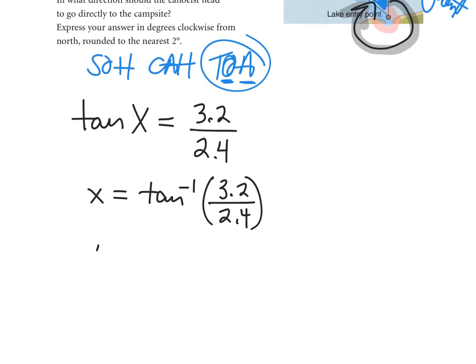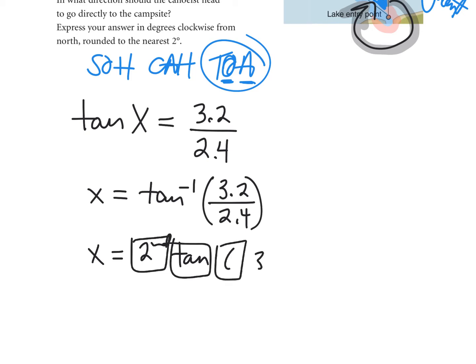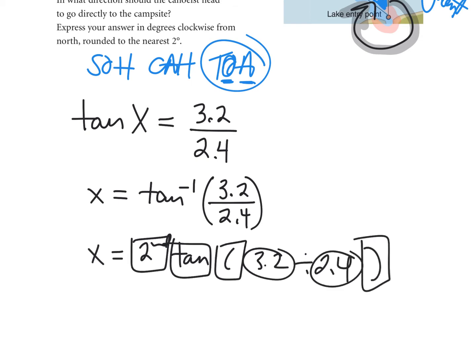So on our calculators, we would type in either second tan and then brackets, and then 3.2 divided by 2.4, and then close the brackets. So most calculators you would type it in like that, and I'm going to type that in now as well.